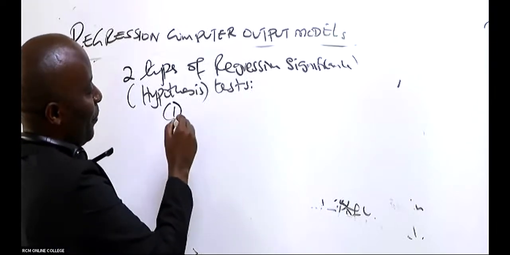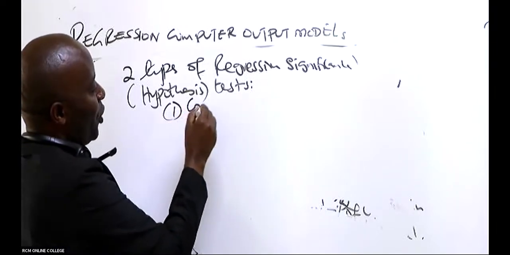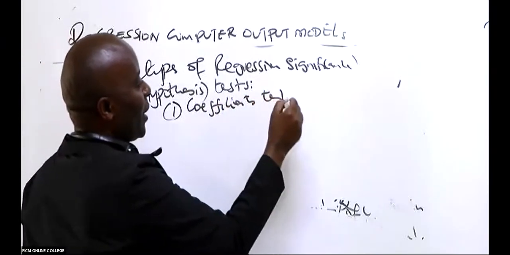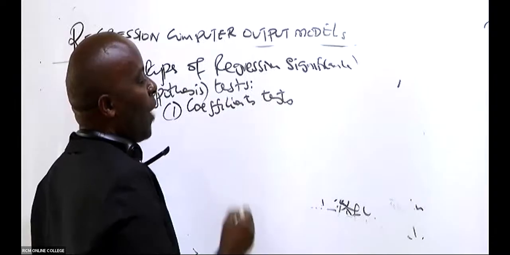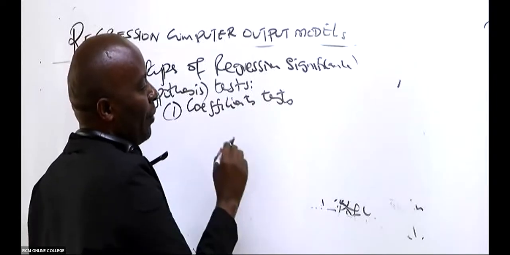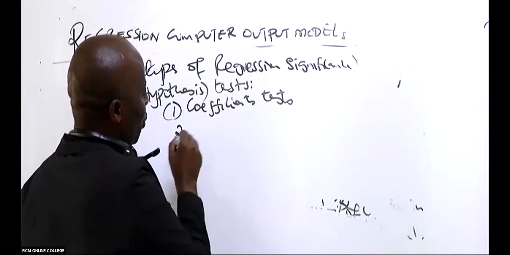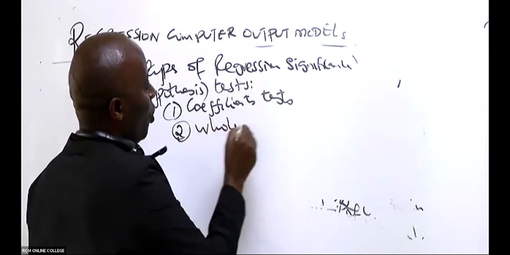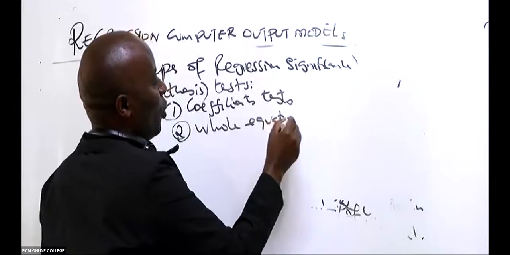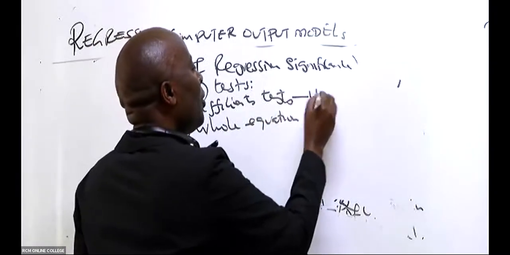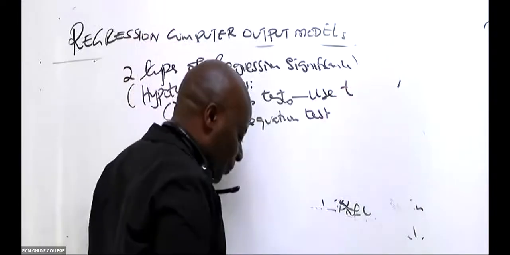Number one, coefficients tests or variable tests. And number two, whole equation tests. For the coefficients test, you use the T statistic.